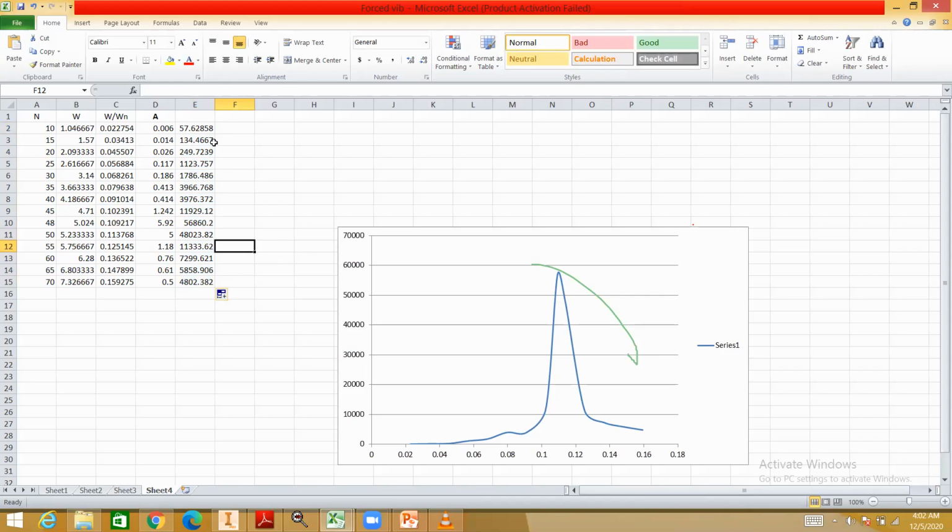Okay, so you will get these values as A upon m0e. So this value is nothing but A divided by this m0e.